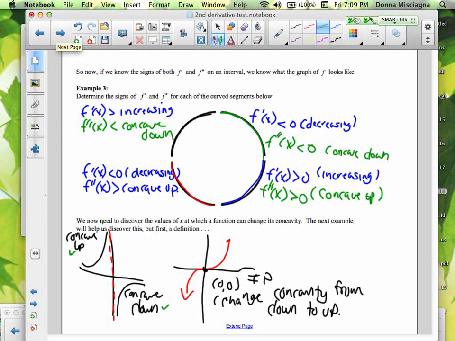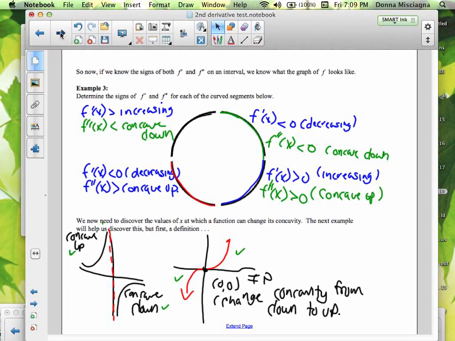Over here, that little section, I am concave down and increasing, right? That matches the black section. And over here, we're concave up and we're increasing. That matches the blue section. So that kind of shows you how those translate into graphs. And so we do have some changes in concavity in our graphs here.